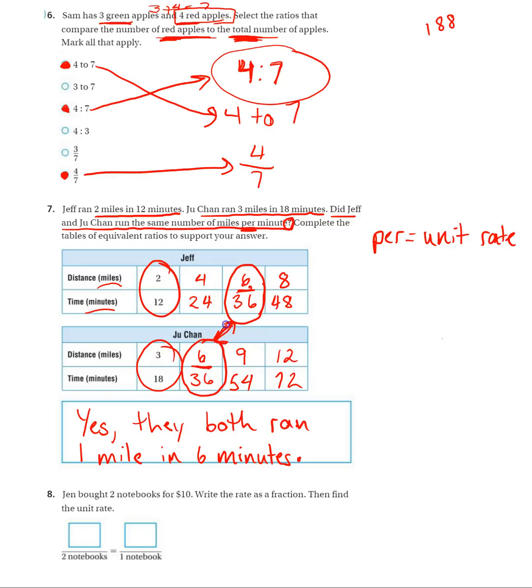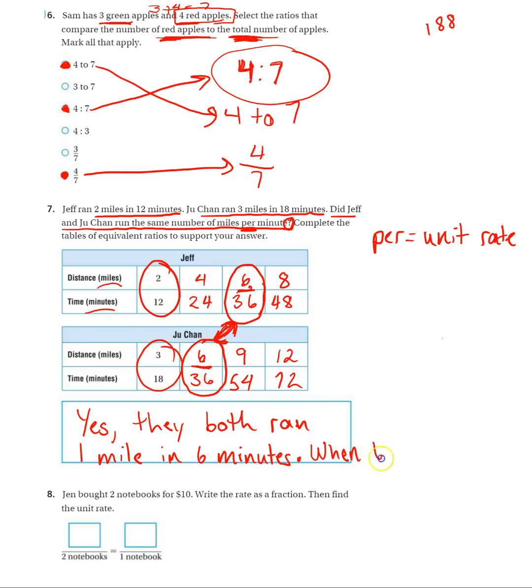So this would have been even easier. Look right here. We have the exact same ratio for both runners, Jeff and Ju Chan. When Jeff ran for 36 minutes, he went 6 miles, and when Ju Chan ran for 36 minutes, he went 6 miles. So yet they are both going at the same rate. So I can include that in my answer too.